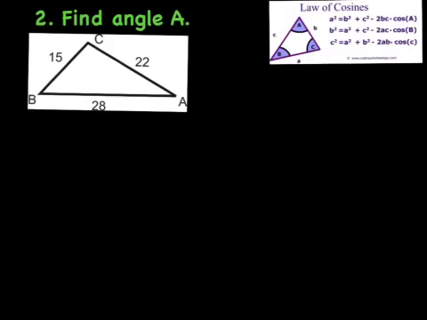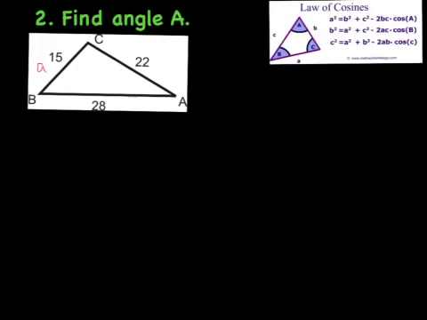Okay, for problem 2, we're going to be looking for an angle this time. So we're looking for angle A, which means we're going to use the first one that has cosine A in it. So we'll be solving for this angle. So to do this one, we need side A, B, and C. And we have all 3 of those. So let's go ahead and label all of our sides.